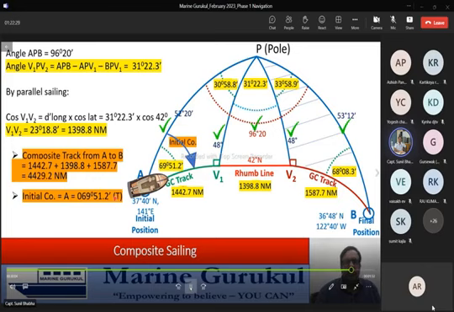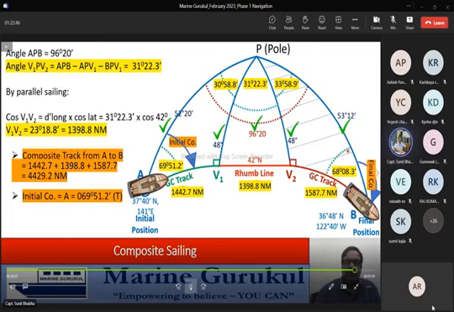Now to get the final course, let's place the vessel as it would be as it reaches B. The vessel would be like this. Now clockwise from true north at B up to the ship's head, let's mark off the final course. This represents the final course here.